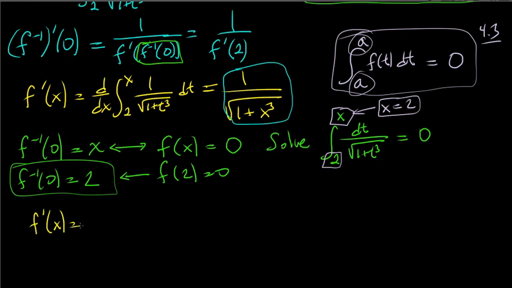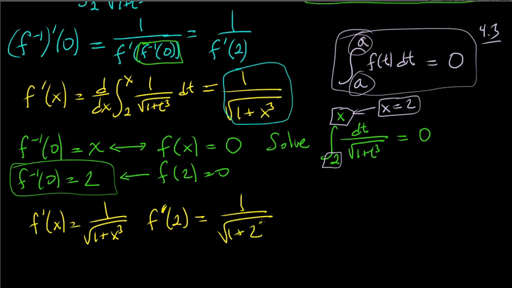The derivative of f is just 1 over the square root of 1 plus x cubed. Now plug in 2, right? So be careful. You can't plug in 0. You're plugging in f inverse of 0, which is 2, right? So 1 over the square root of 1 plus 2 cubed. Well, 2 cubed is 8, 1 plus 8 is 9, and the square root of 9 is 3. So this is 1/3.